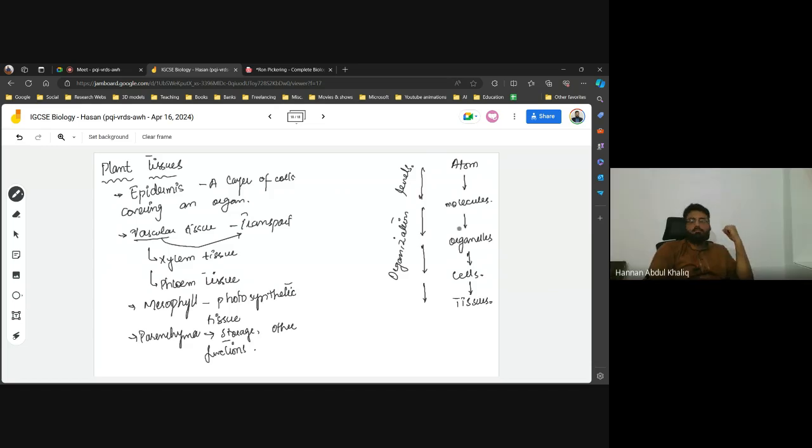Now you are building up: many atoms arranged make molecules, many molecules arranged make organelles, many organelles arranged and working together make a cell, many cells arranged and working together make tissues.